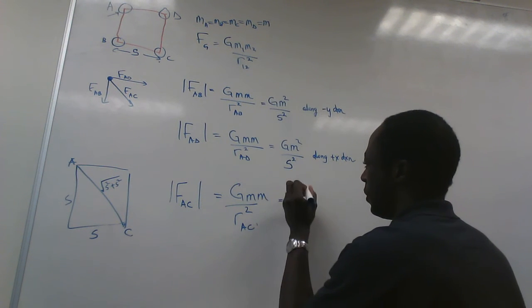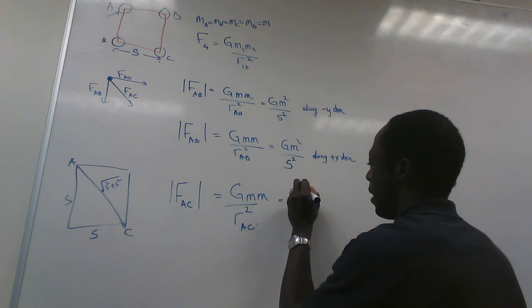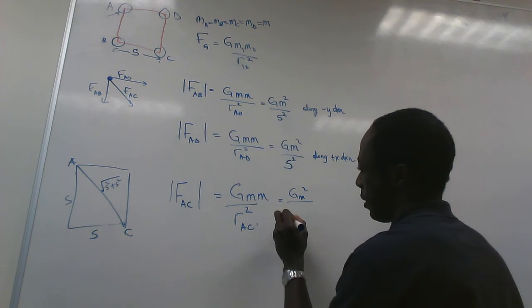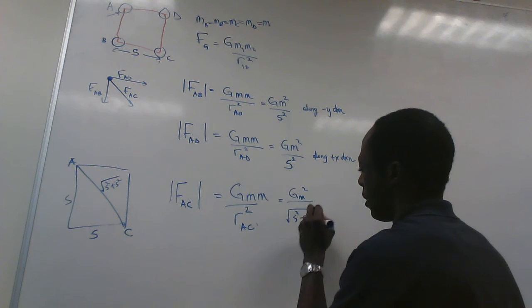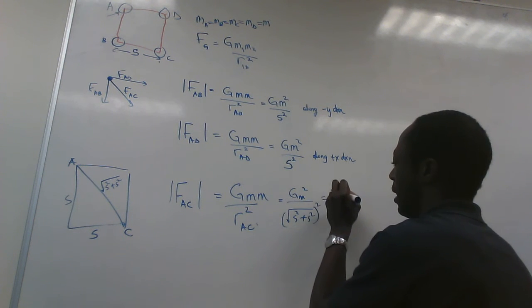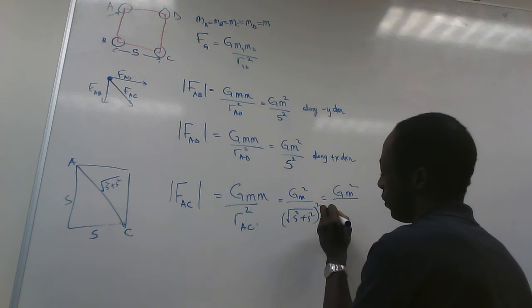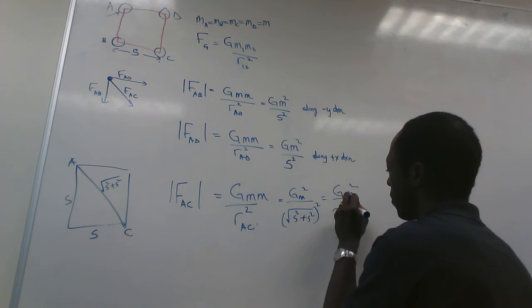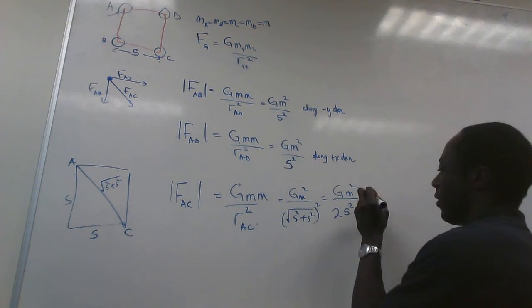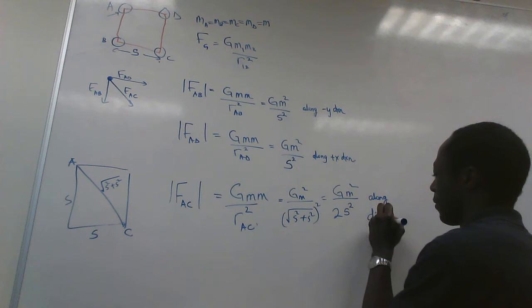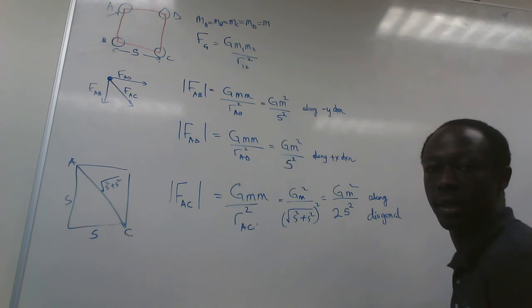So this will be equal to G times M squared over the square root of S squared plus S squared, all squared, and that will be equal to GM squared over 2 times S squared along the diagonal.